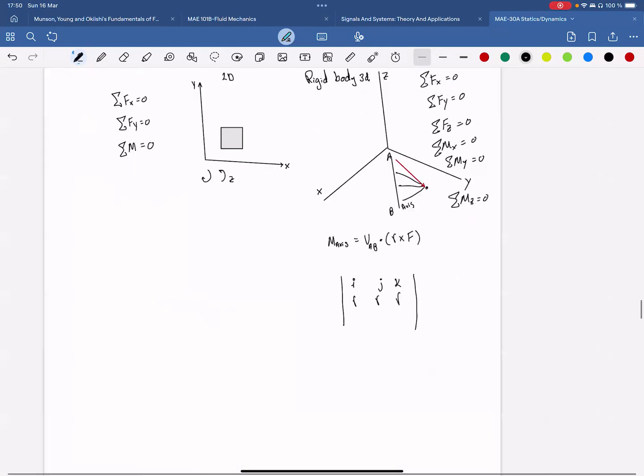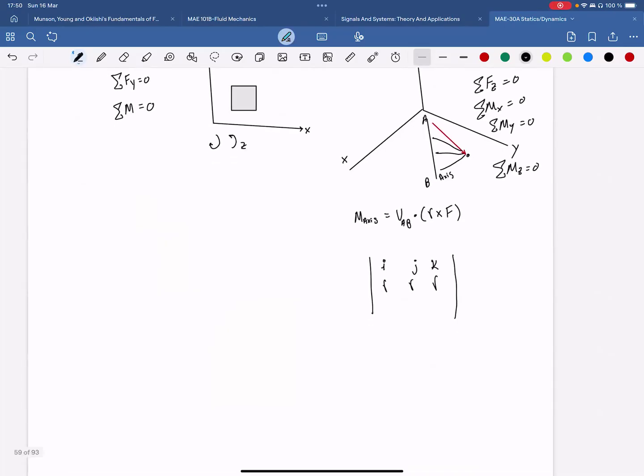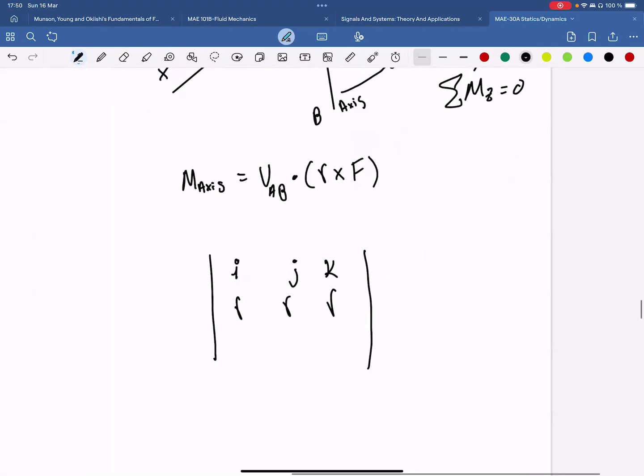But if the force is not directed parallel to any of these axes, then I have to normalize the force with respect to the axis it is acting on, meaning that the force F can be represented with a unit vector.